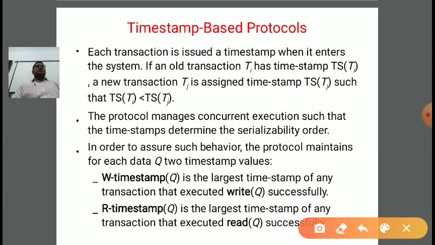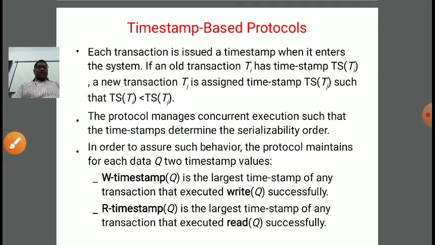Suppose an old transaction already has a timestamp, then to give a timestamp to the new transaction Tj, the condition we need to maintain is that the timestamp of the old transaction should be less than the timestamp of the new transaction.